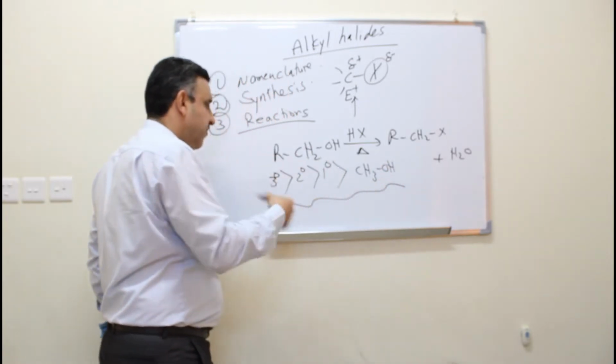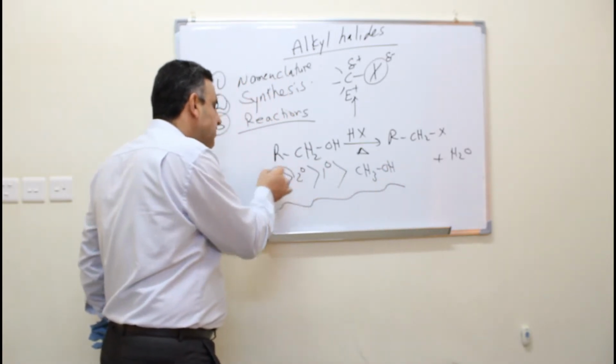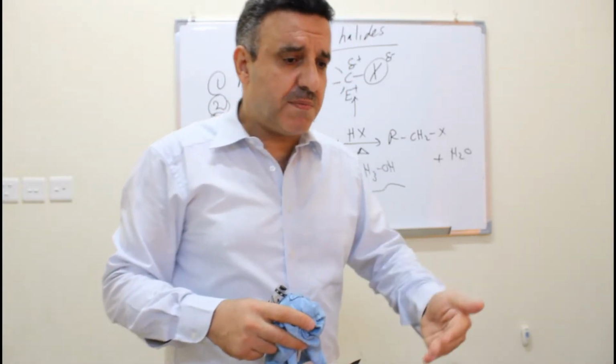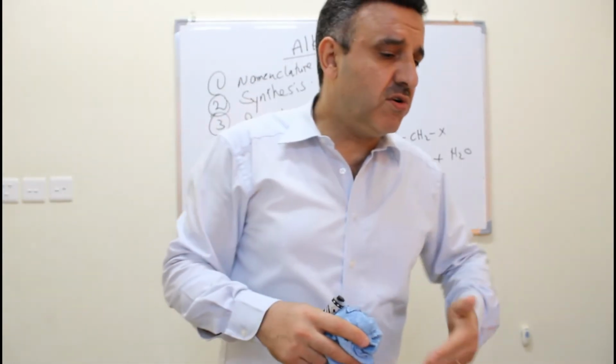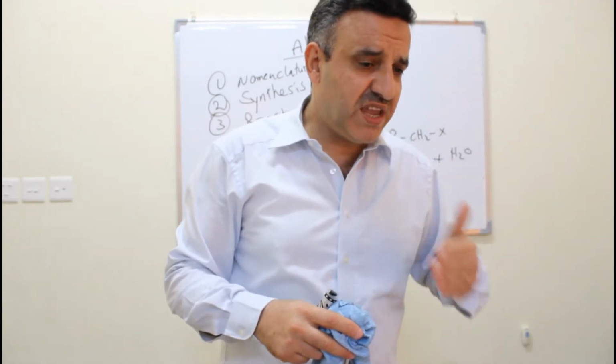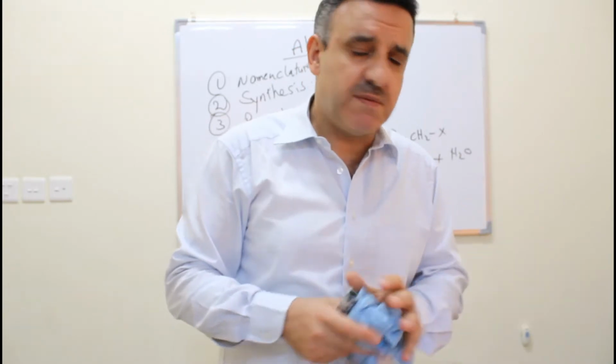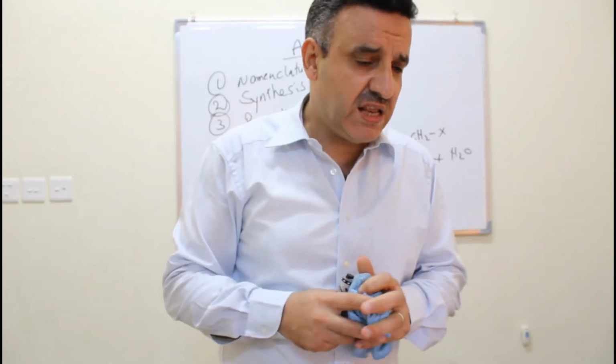What does that mean? Most likely this method is suitable, more practical, and easy for the preparation of tertiary alkyl halides. So this method is most likely good for the preparation of tertiary alkyl halide.